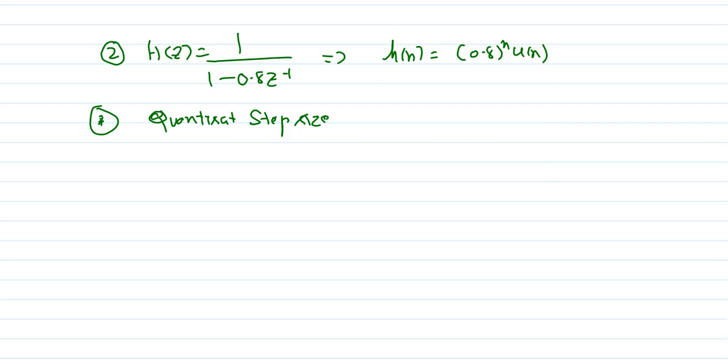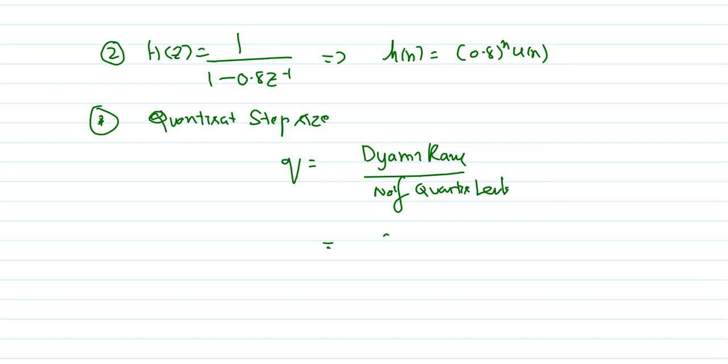The quantization step size Q is given by the dynamic range divided by the number of quantization levels. The dynamic range is 200, and 8 bits are used to represent, so it is 2 to the power 8. You divide this, you get 0.78125. That is my Q value.